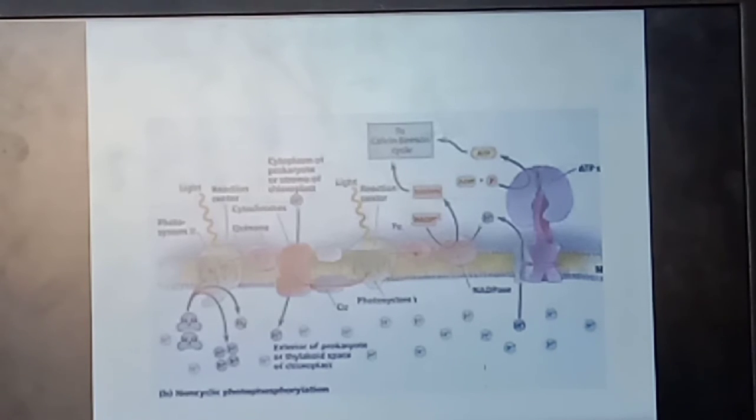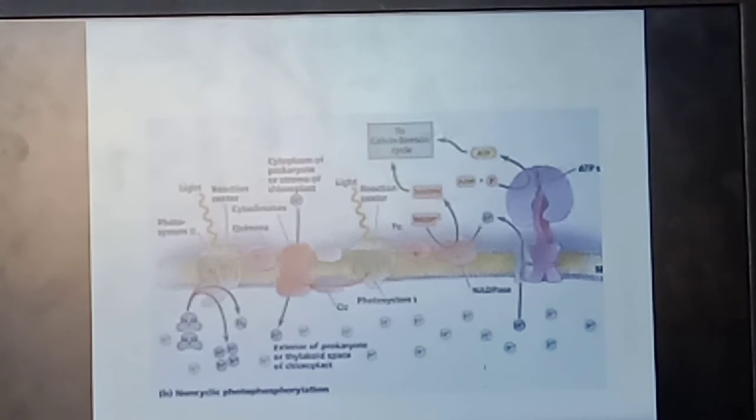Second, oxygen. Oxygen released during the process of photosynthesis is needed by animals and humans also. It is also required for the respiration of microbes. Even the plants also take in oxygen for the respiration process. Oxygen also supports combustion of fuels.